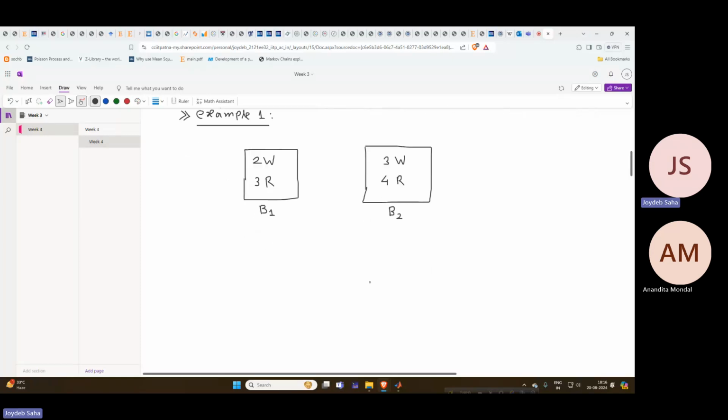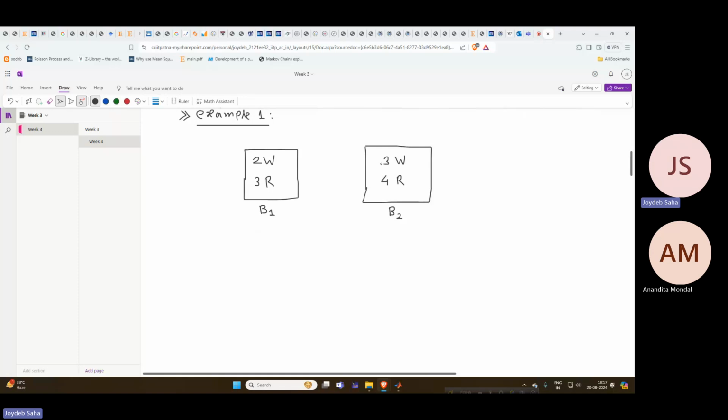Okay. Now the question is, what is the probability of drawing a white ball? There are two boxes, B1 and B2. First box contains two white, three red.